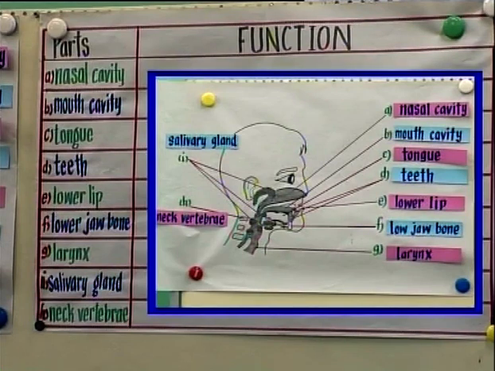We will only look at the parts and the function or functions. Some of our friends will be coming up to get the answers down.